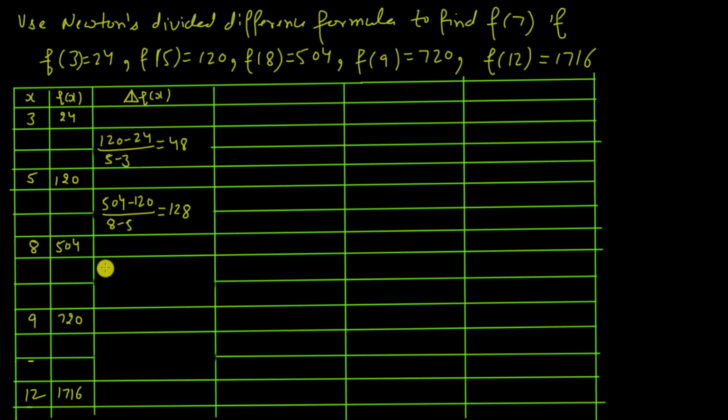Now next is 720 minus 504 divided by 9 minus 8, and this comes out to be 216. You can easily calculate them. Next will be 1716 minus 720 divided by the arguments difference 12 minus 9. So this will be 332.